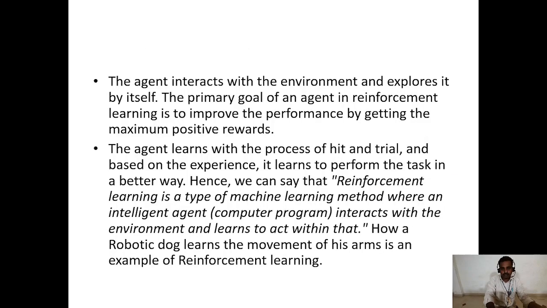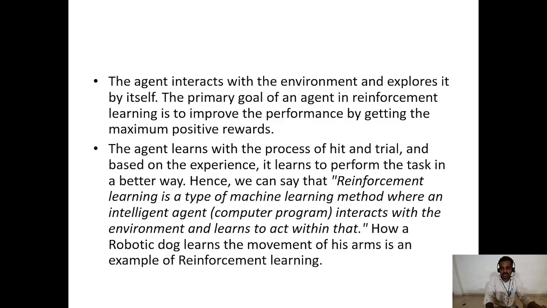Next, the agent interacts with the environment and explores it by itself. The primary goal of an agent in reinforcement learning is to improve its performance by getting the maximum positive rewards. Based on the positive rewards, the machine can improve its performance.